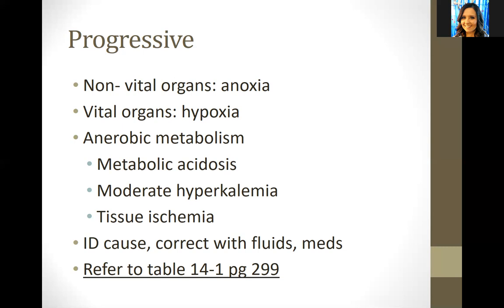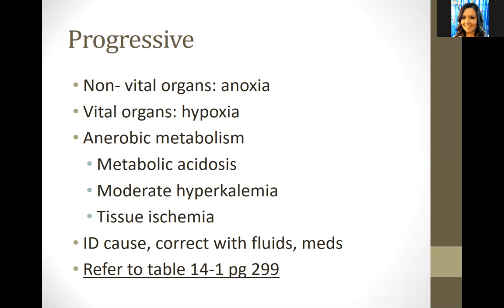With that GI tract becoming ischemic and risk for stress ulcers, we need to do ulcer prevention. So you might see them prescribed a PPI, so a proton pump inhibitor, or an H2 blocker like Pepcid. We're going to continuously monitor their ECG, watch for dysrhythmias.